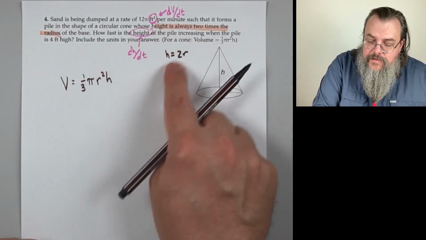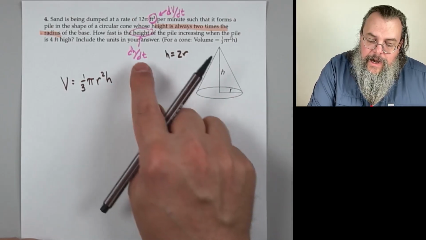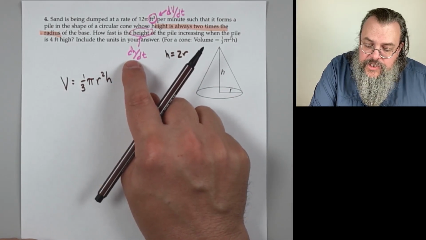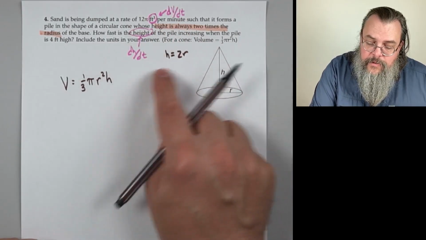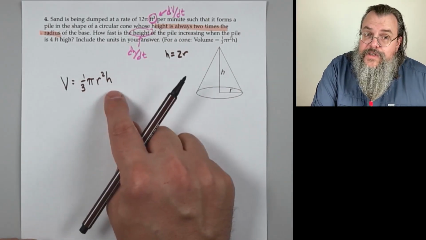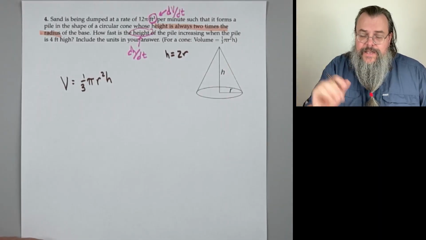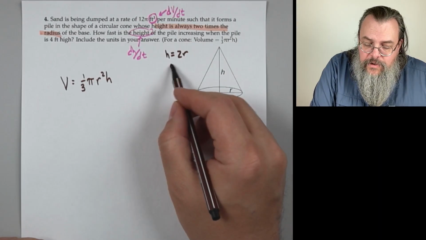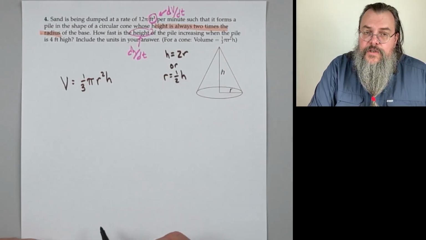Now, I want to end up with a dh/dt. So, do I want to replace r or do I want to replace h? I want to replace r because I want everything I can in terms of h. So we could say r is a half h.